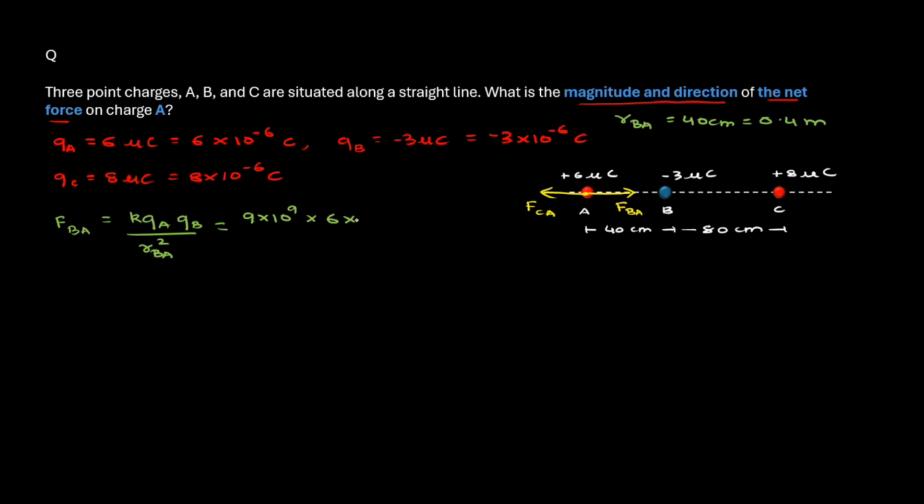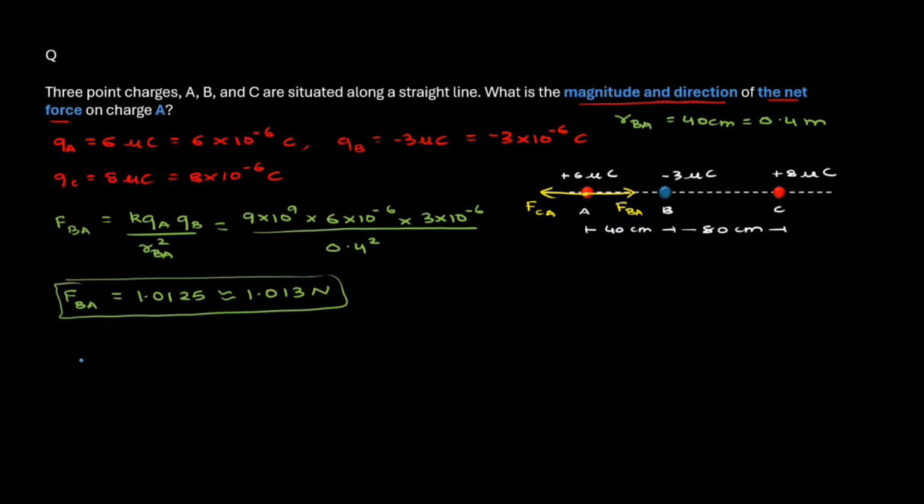QA is 6 times 10 to the power negative 6. QB, again, ignore the negative sign when you are substituting for force. You write this as 3 times 10 to the power negative 6 over RBA, which is 0.4 squared. And when you solve this, you get force on charge A because of charge B to be equal to 1.0125 Newton, which you can round off to 1.013 Newton.